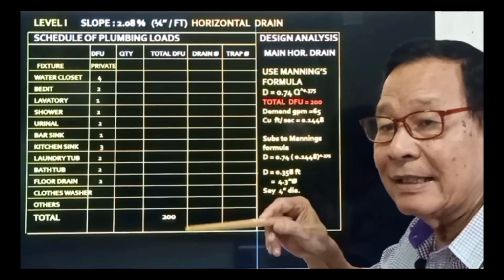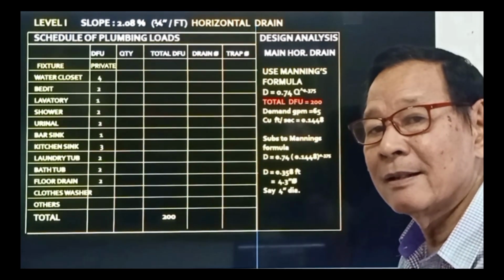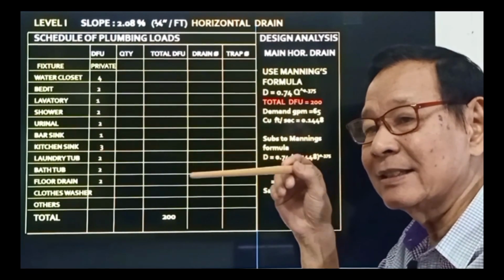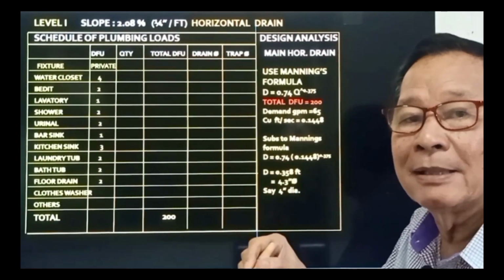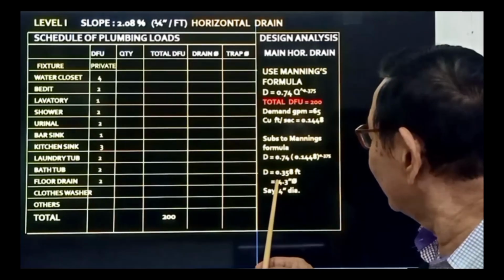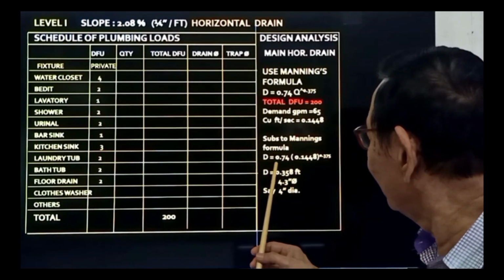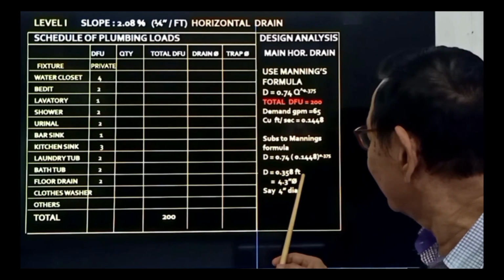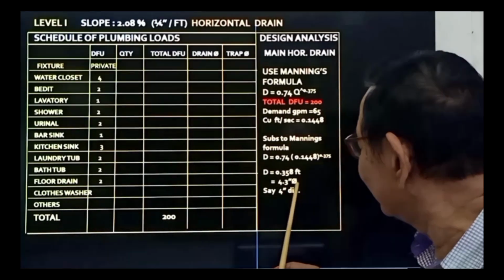Anyway, that is only a conduit of flow of water. It is not the basis of permissible values. With the formula we are using, we got a diameter of 0.358 feet, or 4.3 inches diameter.